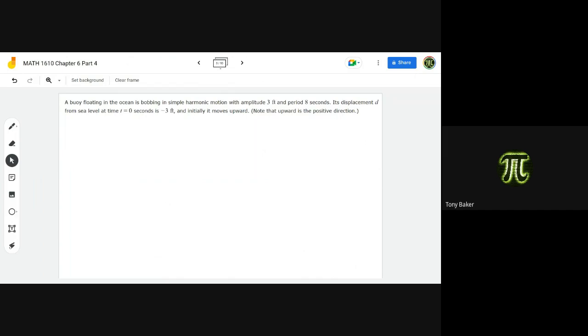Amplitude is, oh yeah, at time 0 it's -3 feet. All right, so which function am I using for this one?